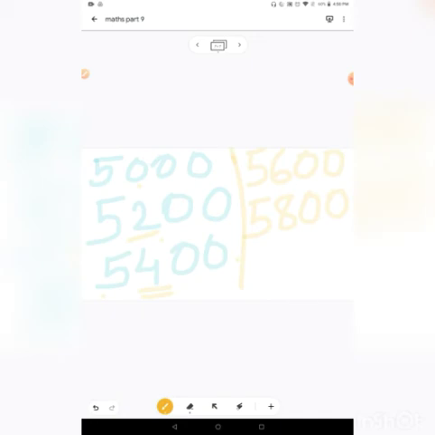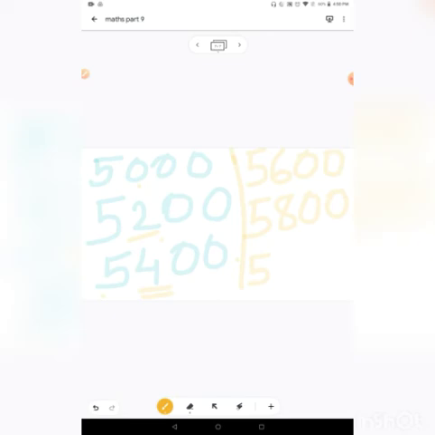Now for the next number, I have written 5 like this, but 8 plus 2 is 10. In such a case, when you get a 2-digit number, don't write 10 directly here.